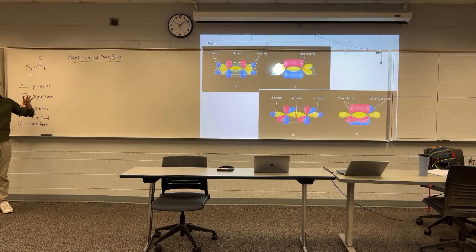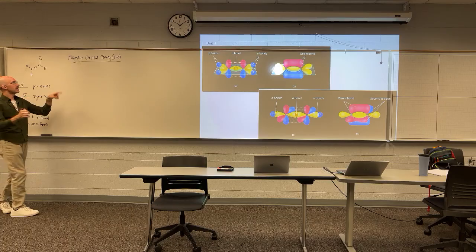Valence bond theory says two atoms overlap their orbitals, and now the electron can exist in both orbitals at the same time. MO theory says orbitals from two different atoms combine in the same way that we saw hybridized orbitals are just the combination of different orbitals.